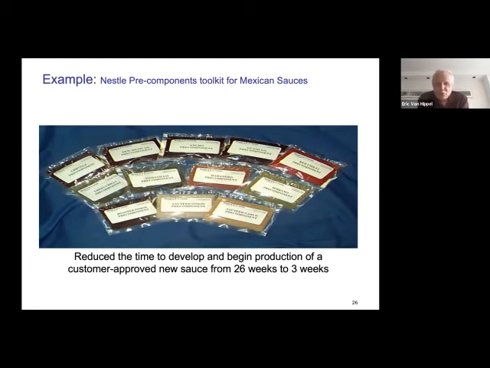What they did was they took all the ingredients commonly used in Mexican sauces, and they ran them through their production process as individual components. So they ran the chilies and made a chili puree that was done exactly through a steam retort, and they provided the chefs with a pouch containing that.